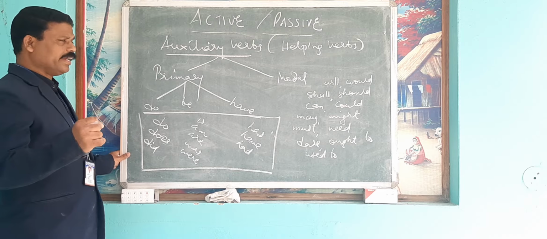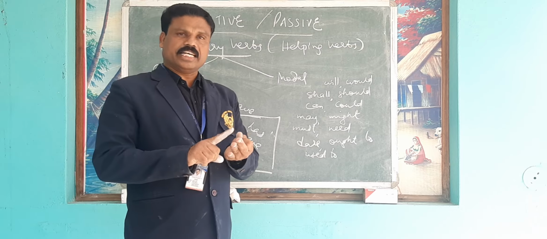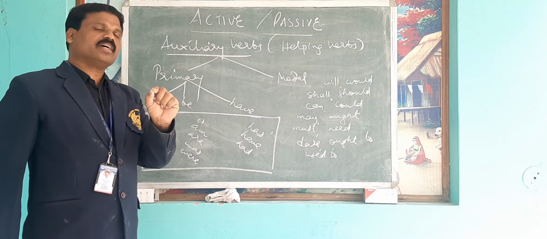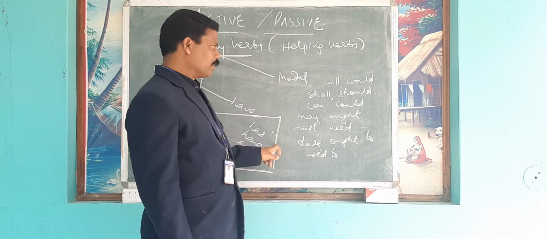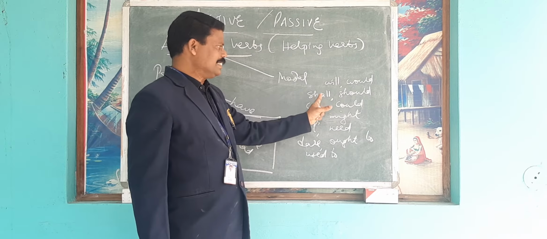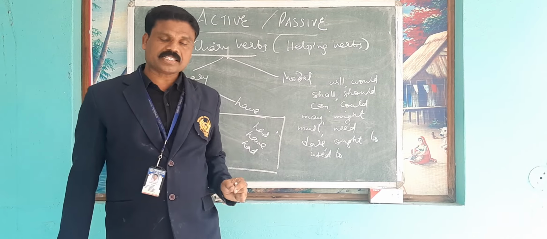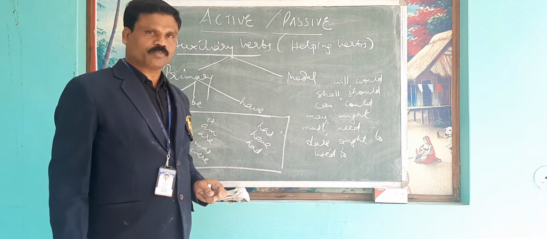So there are 11 primary auxiliary verbs: do, did, does, is, are, was, were, has, have and had. And 13 modal auxiliary verbs: will, would, shall, should, can, could, may, might, must, need, dare, ought to and used to.